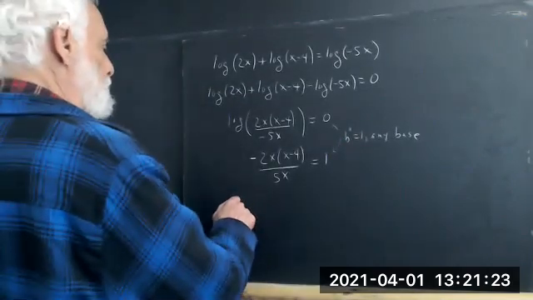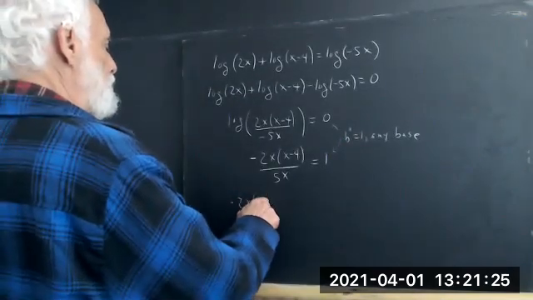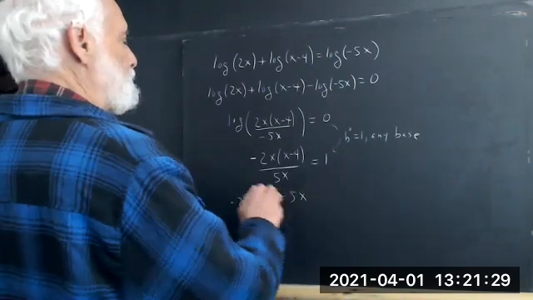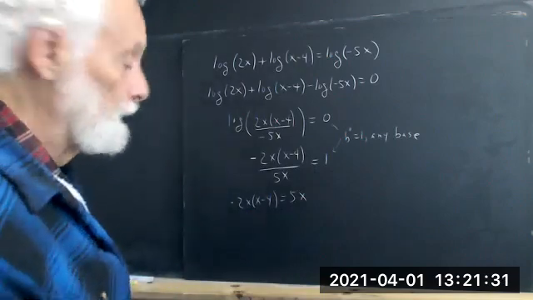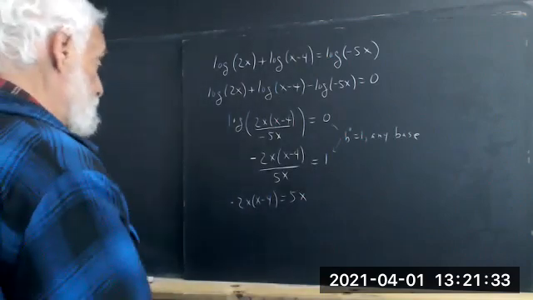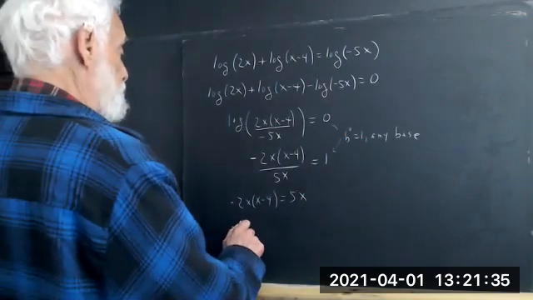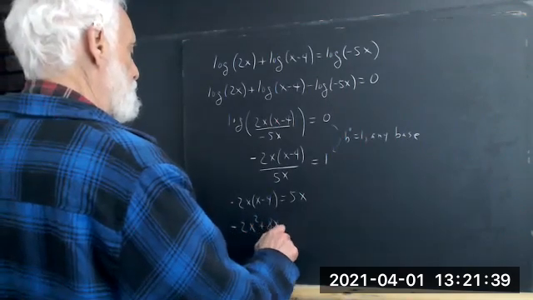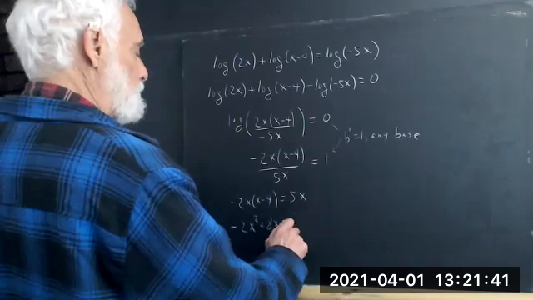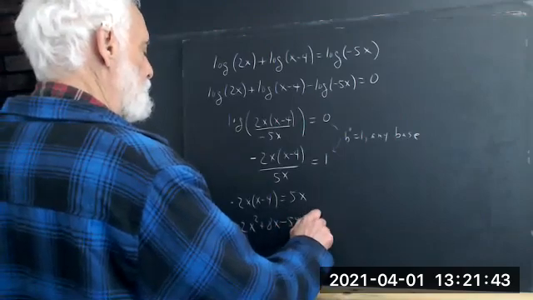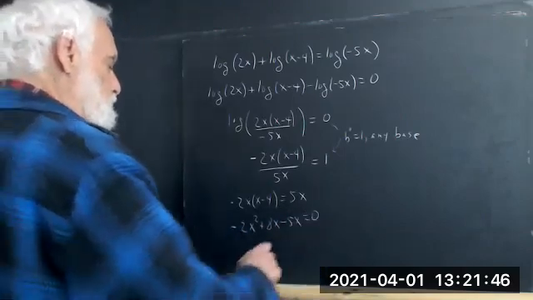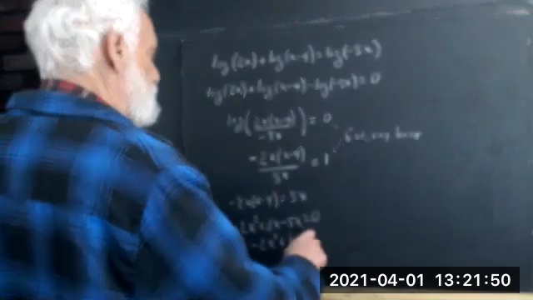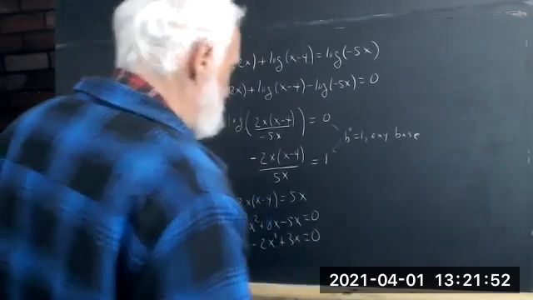So now our equation becomes minus 2x times x minus 4, multiplying both sides by 5x. So now negative 2x squared plus 8x equals 5x, but I'm just going to bring the 5x back over here so that negative 2x squared plus 3x equals 0.